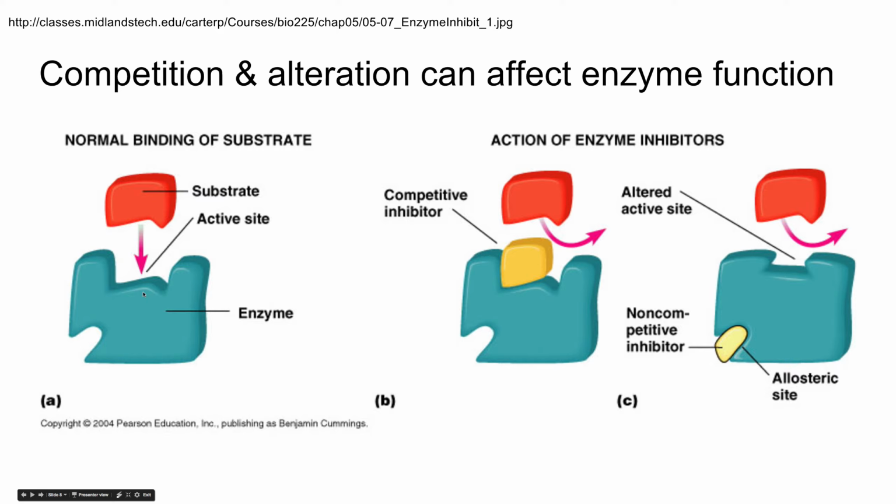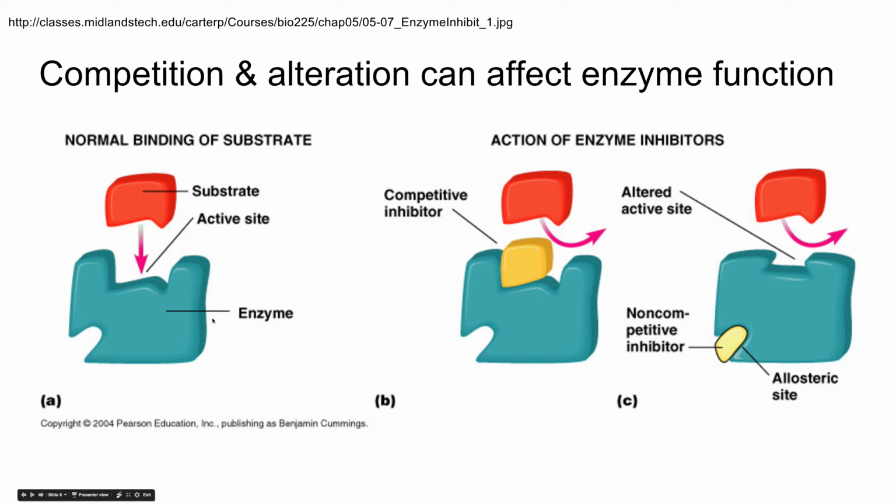In reality, they wouldn't. The active site would be a slightly different shape, but when the substrate comes in, it manipulates the environment around the active site, which will cause the active site to change its shape so that the substrate fits. And it's called an induced fit model of enzyme function.